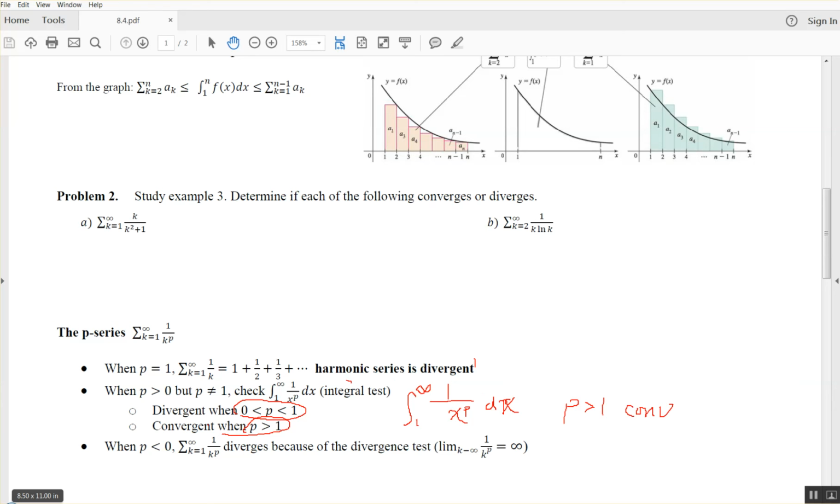So this is consistent. This is very important. I want you to be very familiar with that. And when p is less than 0, this will diverge because of the divergence test. So this is the well-known result that everyone should be familiar with.